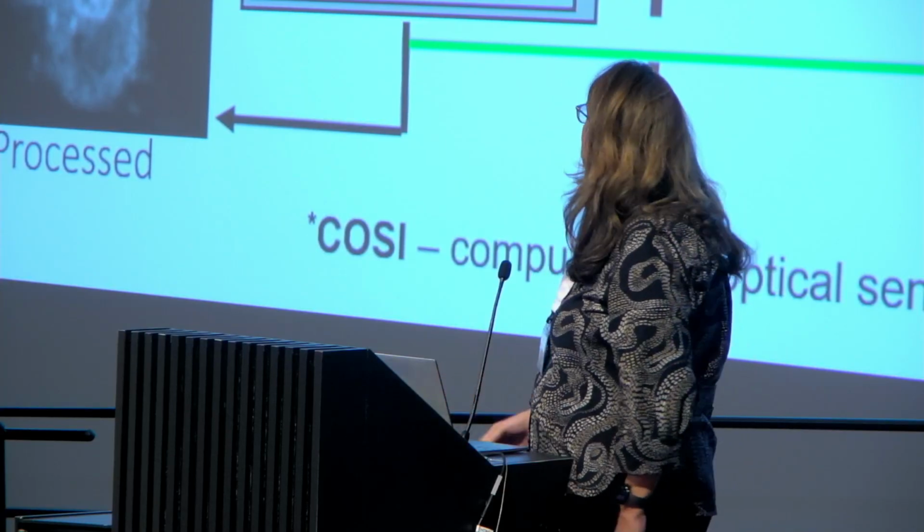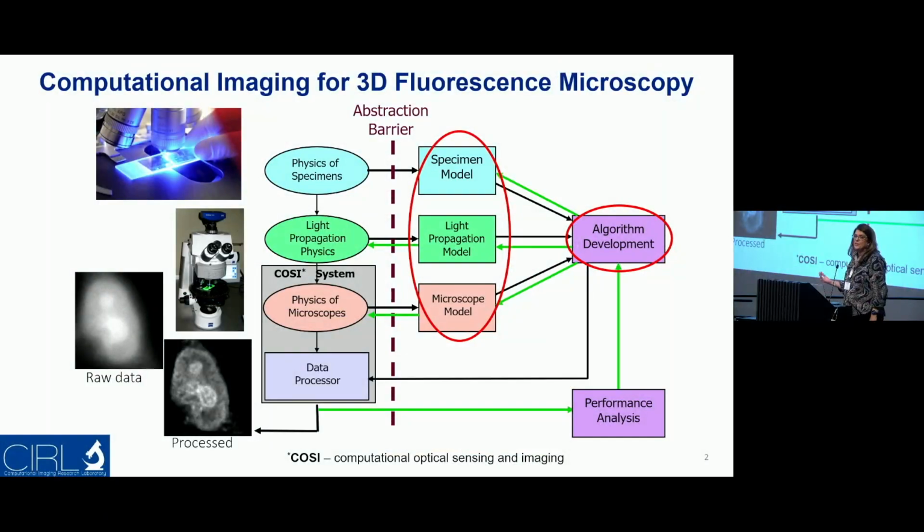This approach allows us to come up with ideas to improve the way we collect the data and even make changes to the instrument for better, more efficient data collection and algorithm development.